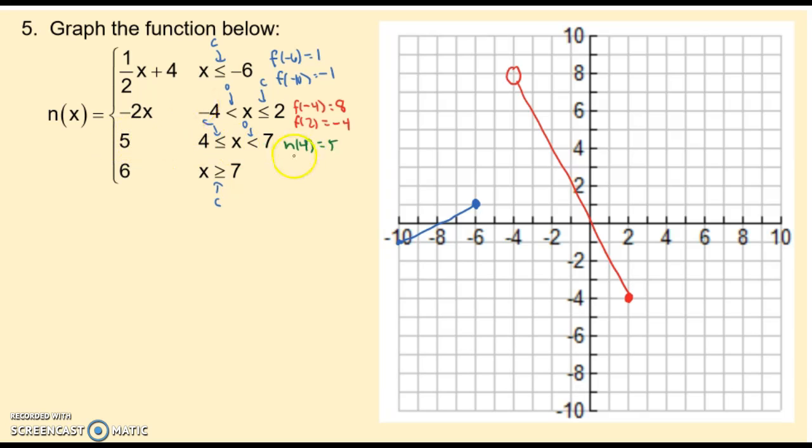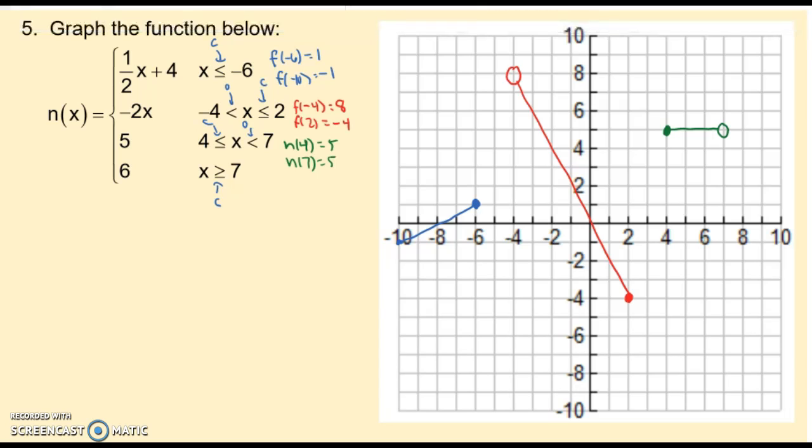It's always 5. And if I did n of 7, it's the same thing. It's 5. Again, I'm using these as a reference to graph that piece. At 4, comma 5, I'm going to put a closed circle. And at 7, comma 5, I'm going to put an open circle. And there's that piece.